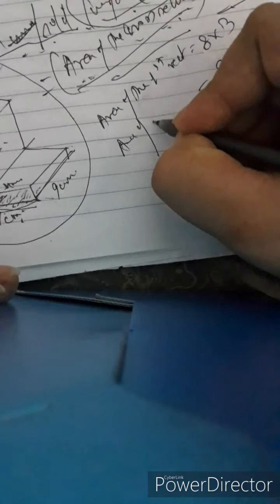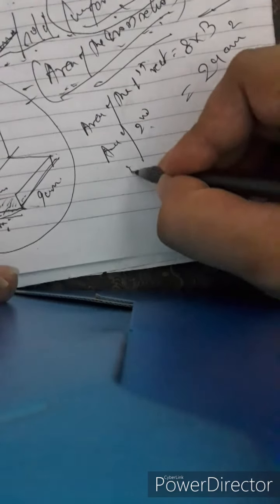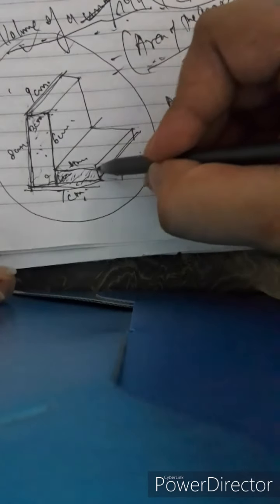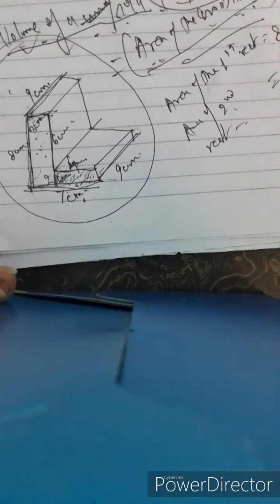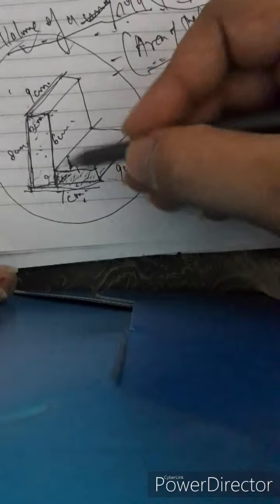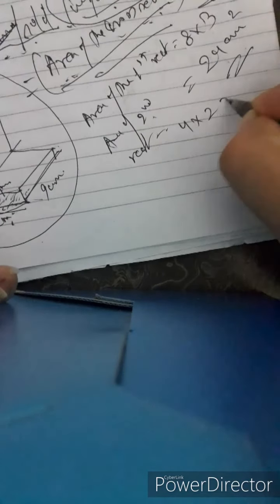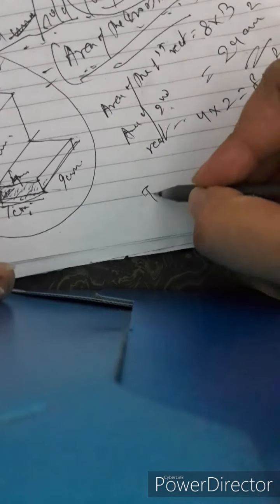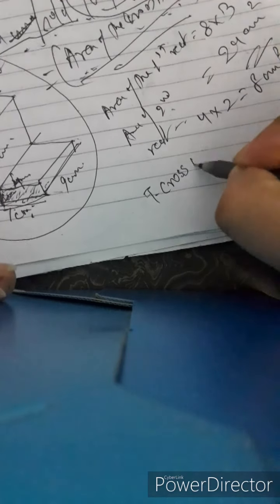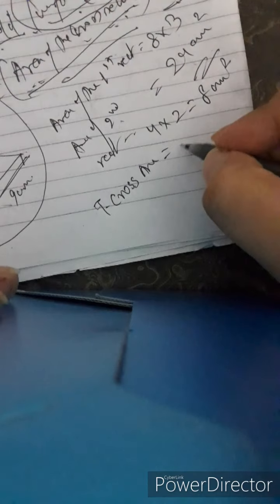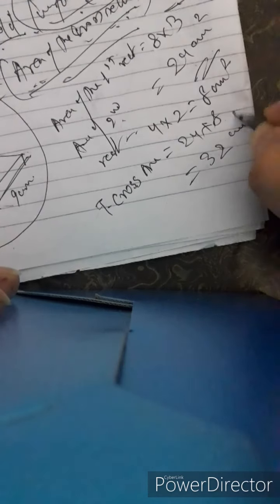Area of the second rectangle: length is 4 centimeter and the breadth is 2 centimeter, so 4 into 2, 8 centimeters square. The total cross section area becomes 24 plus 8, 32 centimeters square.